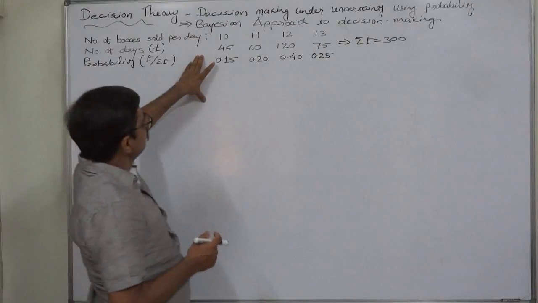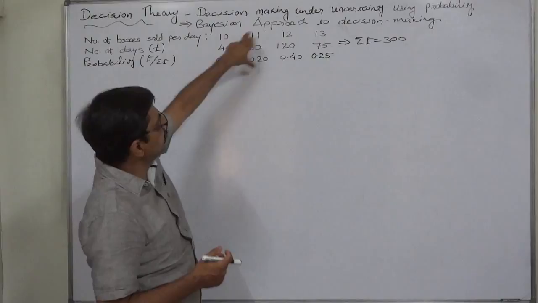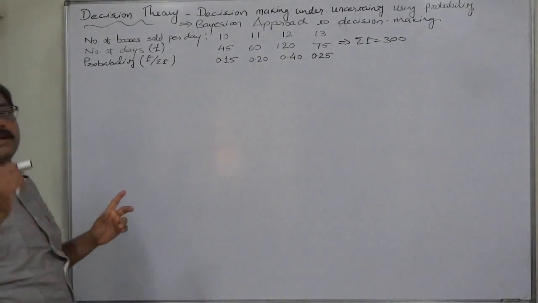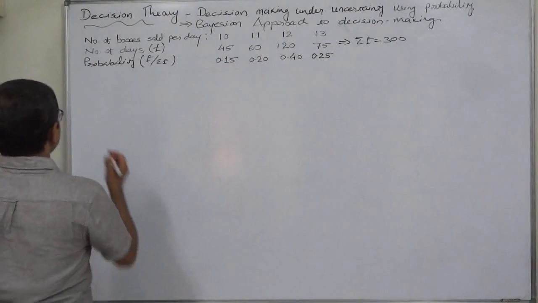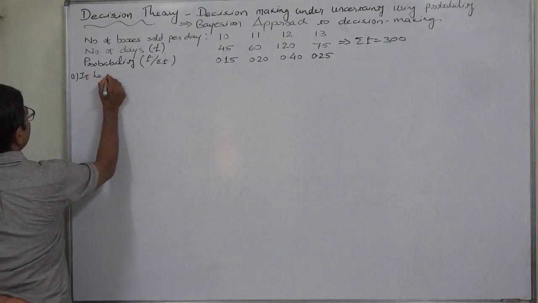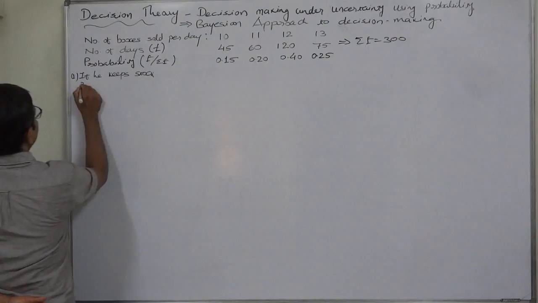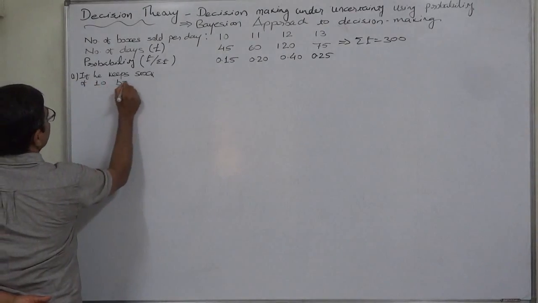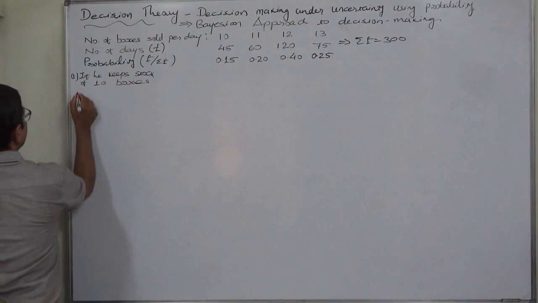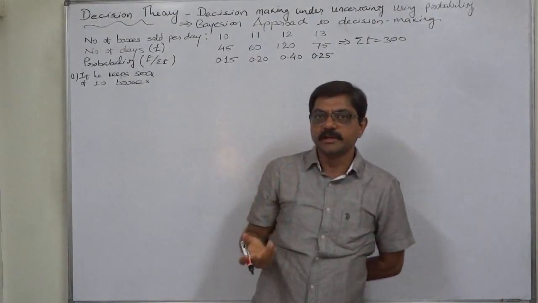Let's assume that he keeps a stock of 10, then 11, then 12, then 13, and let's see what happens to the expected profit or expected payoff. So first, if he keeps a stock of 10 boxes, the demand can be 10, 11, 12 or 13.